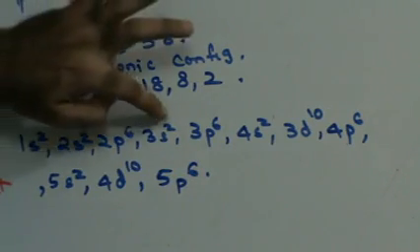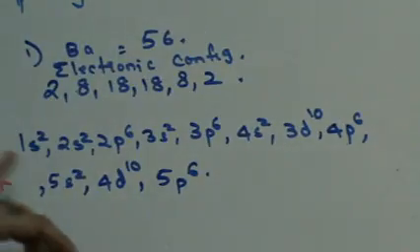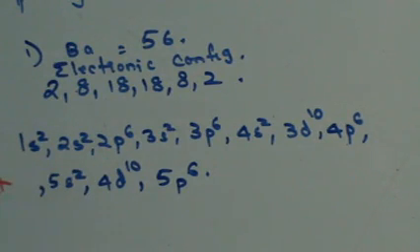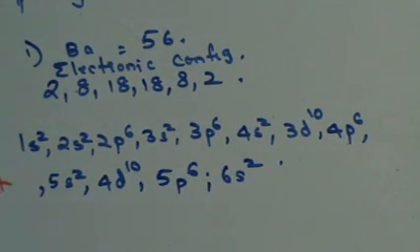This is 10, 18, 20, 30, 36, 46, 48, 54. 54 and I need another 2. That is going to be 6s2. That's how at random you can make the electronic configuration of anything.